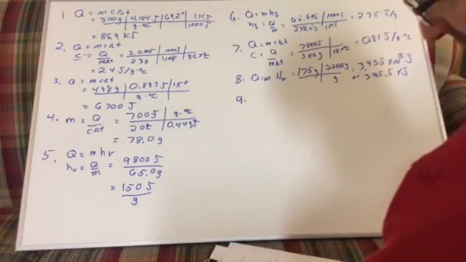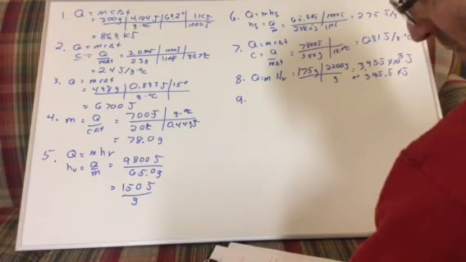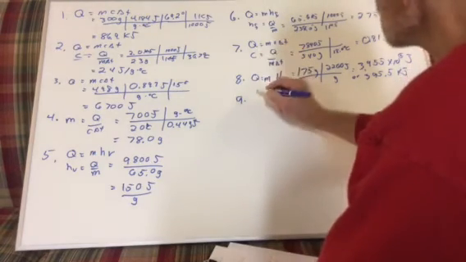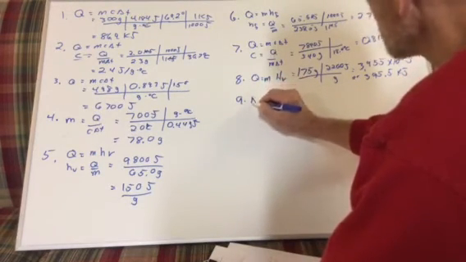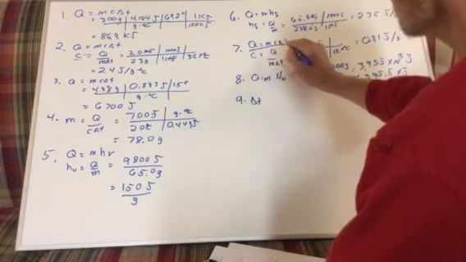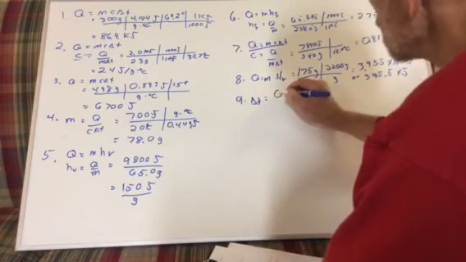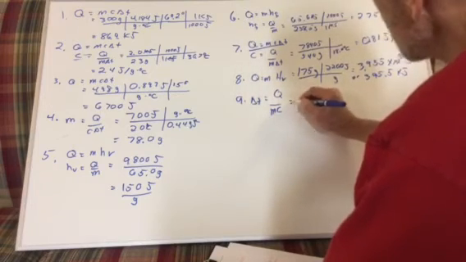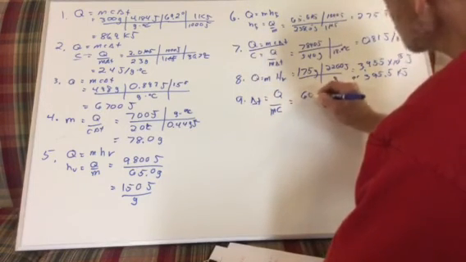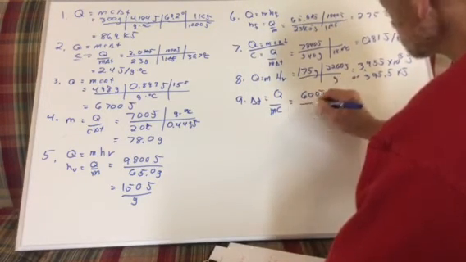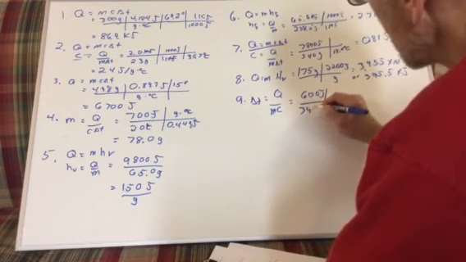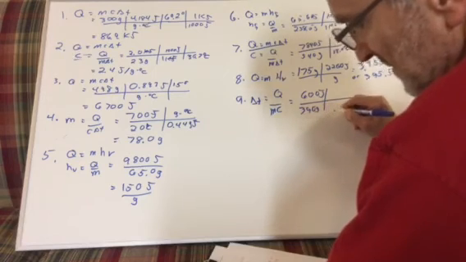Number 9, you're dealing with magnesium. Again, that value is on that table. This time you're asked to find the delta T. So using our same formula, delta T equals Q over MC. And this is 600 joules, 390 grams.